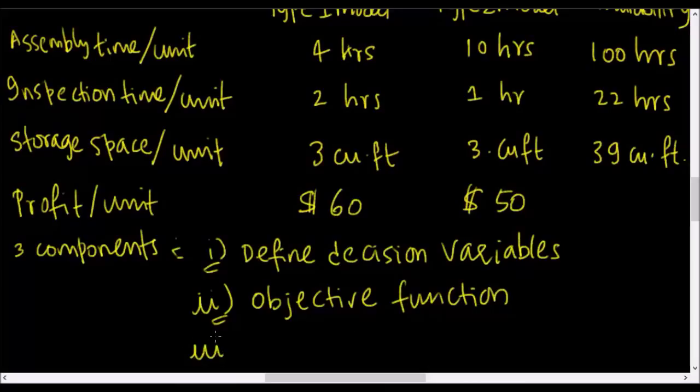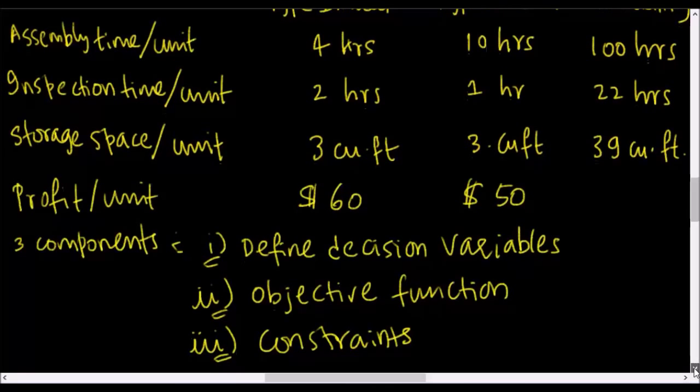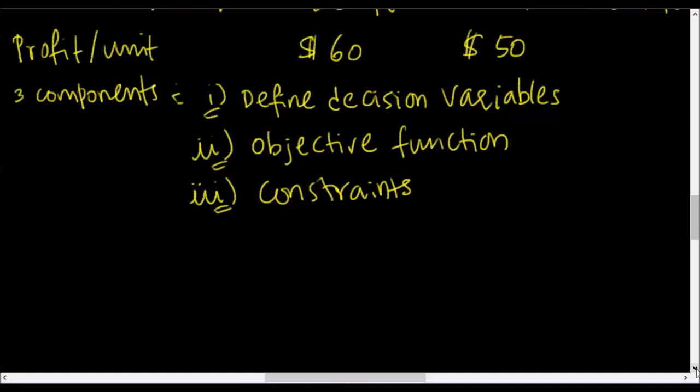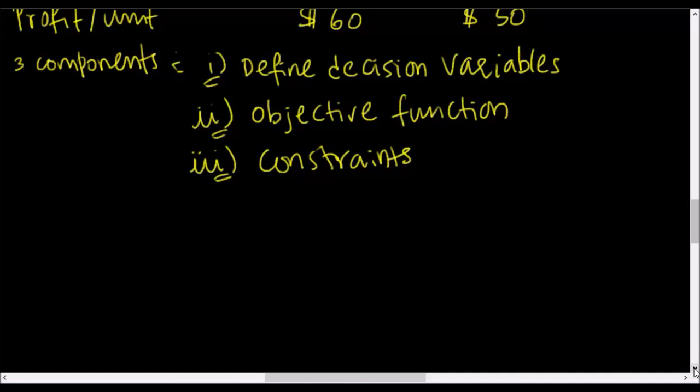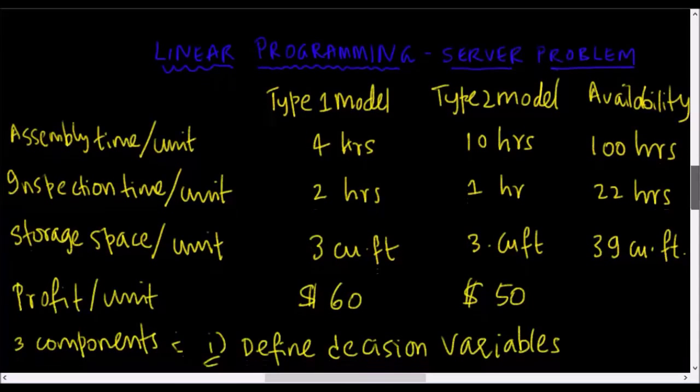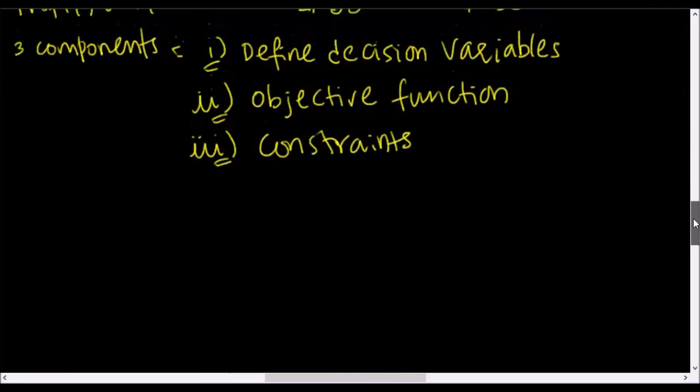And the third component is to list the constraints within which we will be maximizing or minimizing our objective function. Now let us follow the process and formulate the linear programming problem for the given problem here.